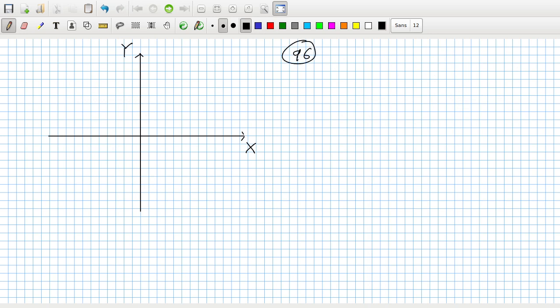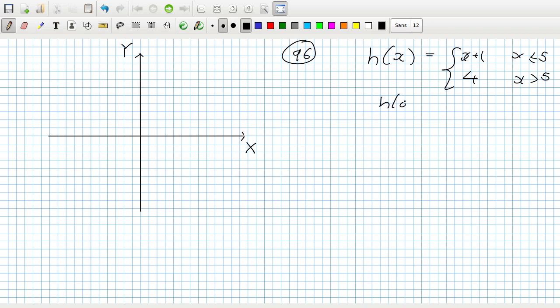96. Oh, good. That's going to be easier to sketch. h of x equals x plus 1 when x is less than or equal to 5, and 4 when x is more than 5.